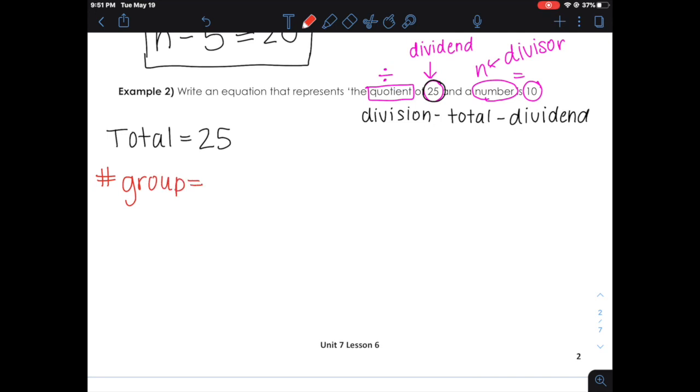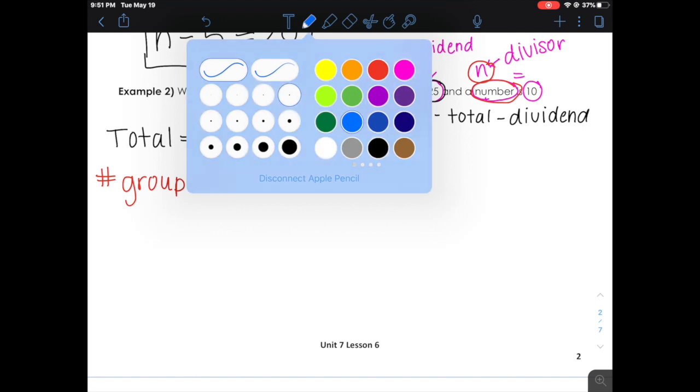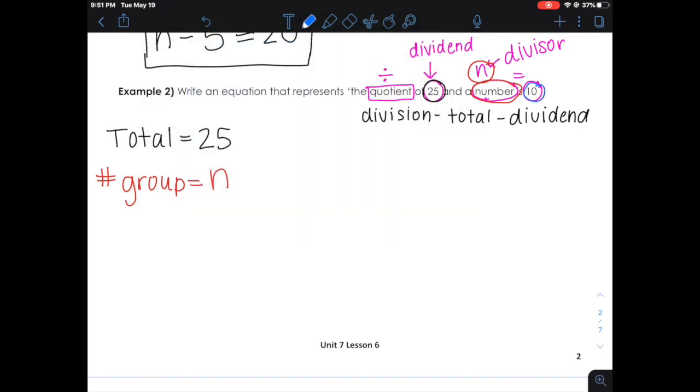So number of groups equals, and we always want our variable to be the number of groups. So our number of groups is going to be n. And that means the only number we haven't used yet is 10. So our group size equals 10.